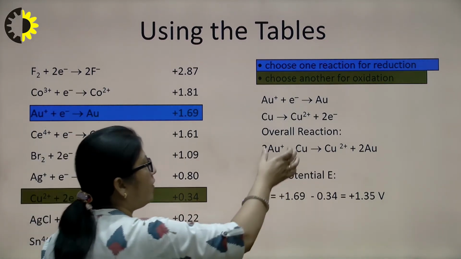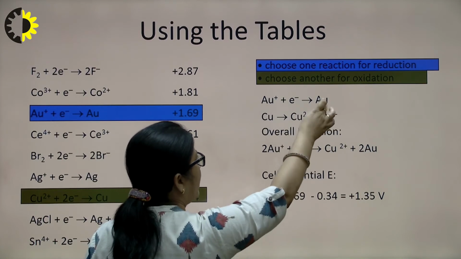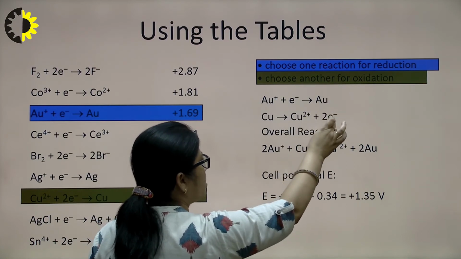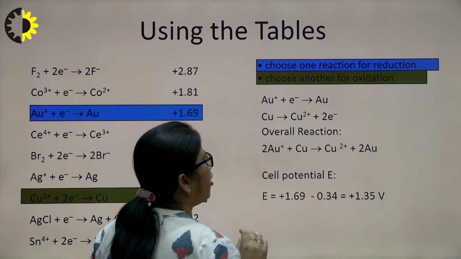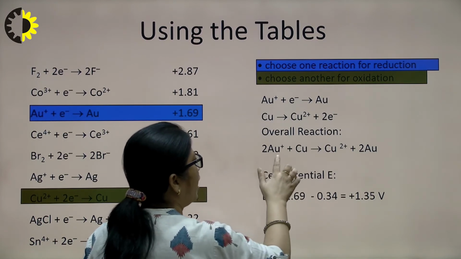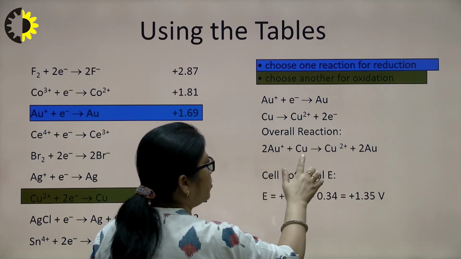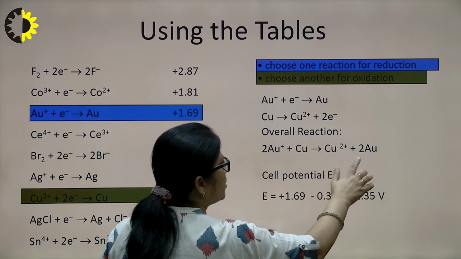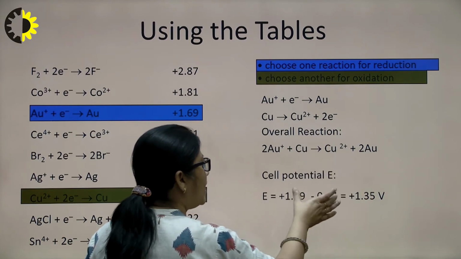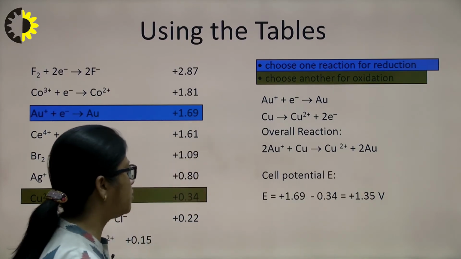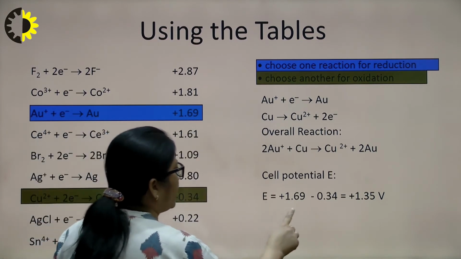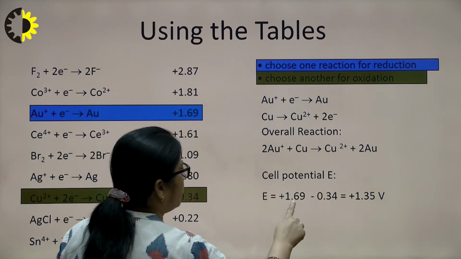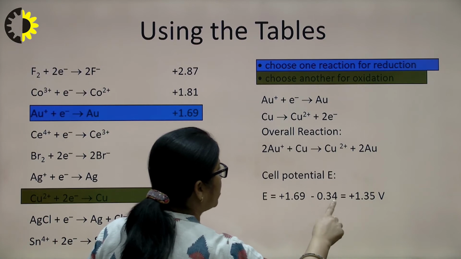So, by adding up the reduction and the oxidation reaction, my overall reaction becomes 2Au plus Cu gives you Cu2+ plus 2Au, and the cell potential is equal to plus 1.69 minus 0.34.